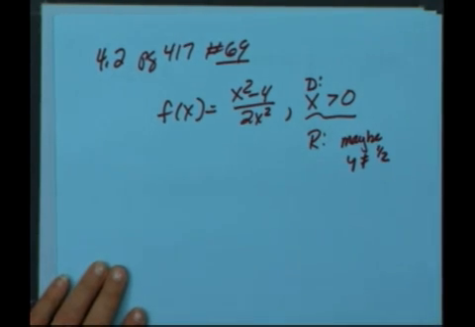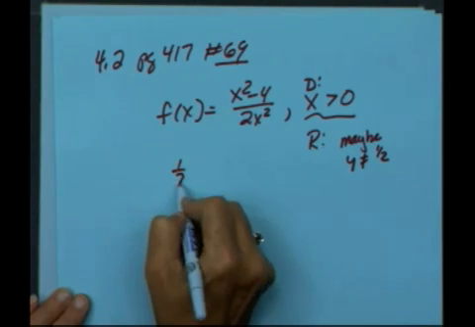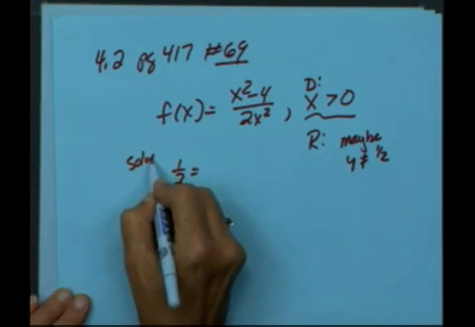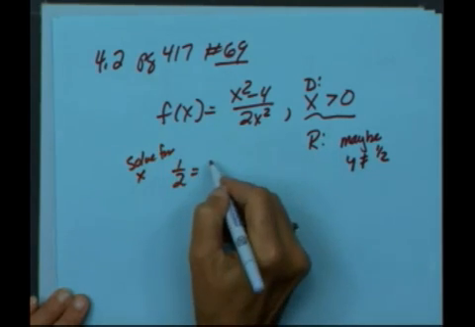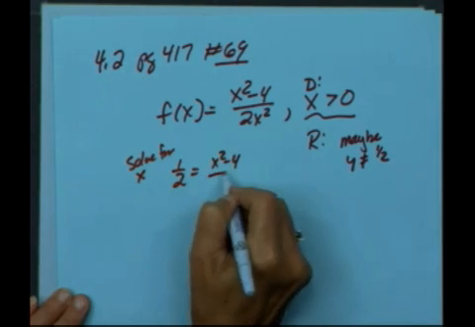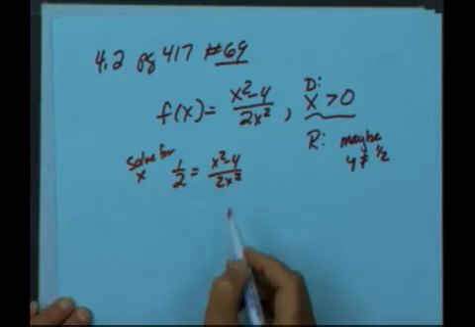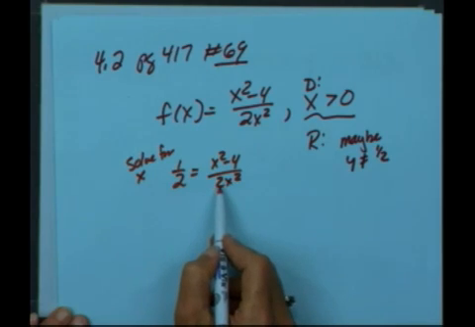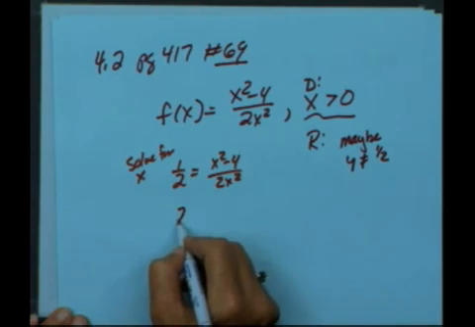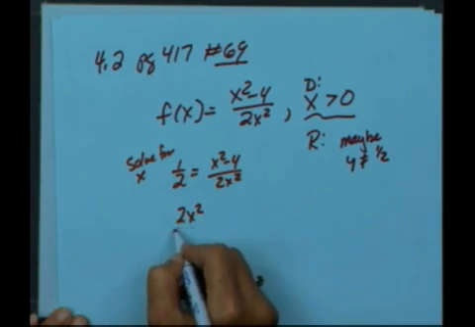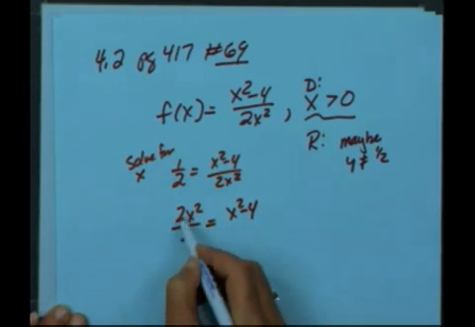We can check real fast by letting y be a half and solving for x, to see if it ever crosses. So we have 1/2 equals x squared minus 4 over 2x squared. X has to be greater than 0, so we can multiply both sides by 2x squared. Then we have 2x squared over 2 equals x squared minus 4.